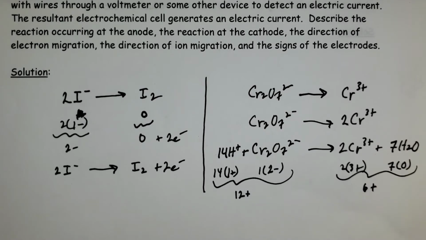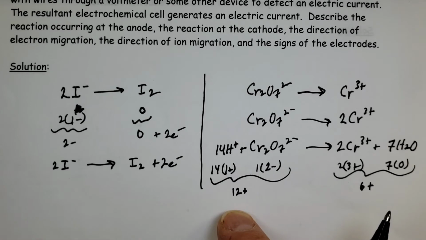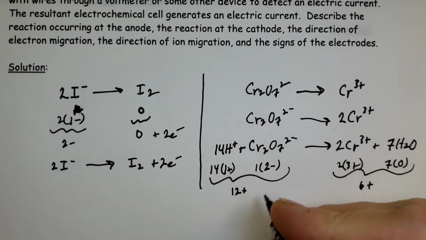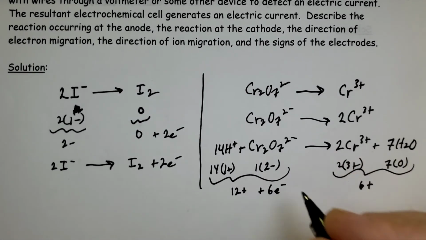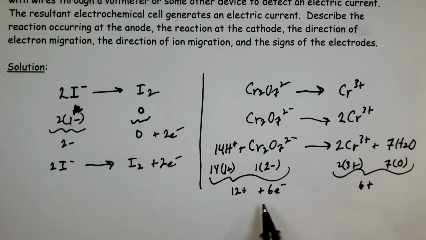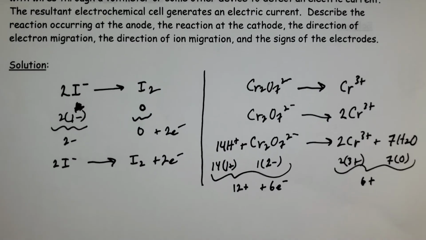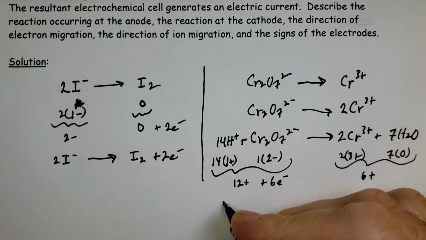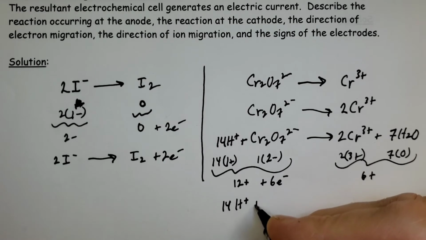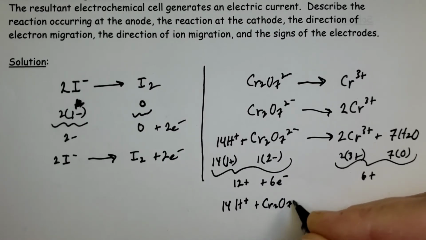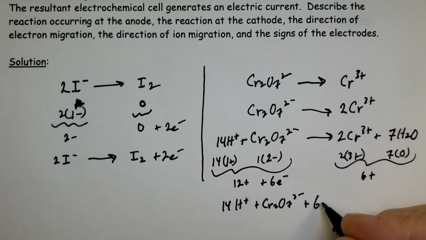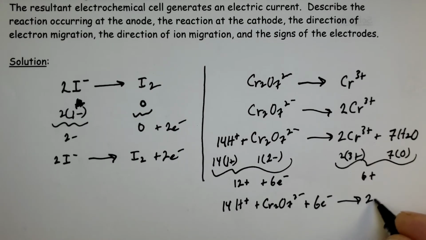So to make this neutral, the more positive side is over here, so we need to add electrons there to balance this out. If I add 6 electrons, I'll have that exactly how I need it. So 12 minus 6 is 6 positive. So the reaction here will be 14H+ plus Cr2O7 2- plus 6 electrons gives me 2 chromium 3+ ions and 7 H2Os.